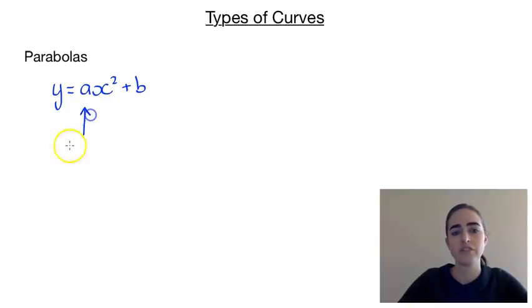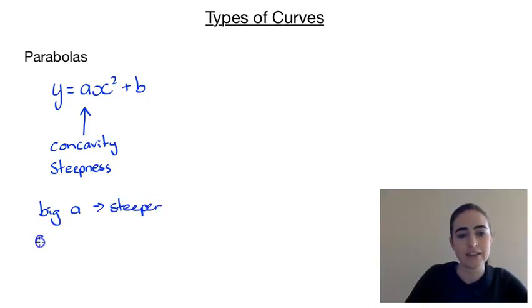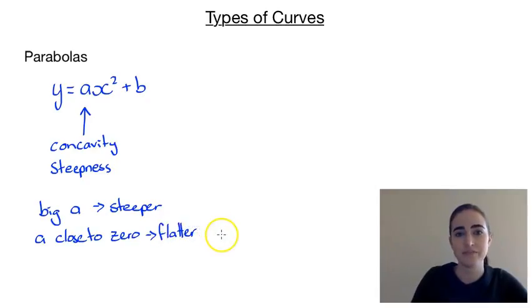This coefficient of the x squared term, that a, tells us both the concavity and the steepness of our graph. The bigger the value of a, that means our graph is steeper. If a is close to 0, that means our graph is flatter.